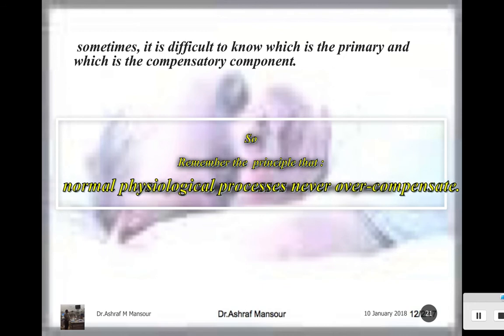To know which is the primary pathology or the primary disorder and what is the compensation component, you have to know and remember the principle that in the normal physiological process of compensation, there is no overcompensation.